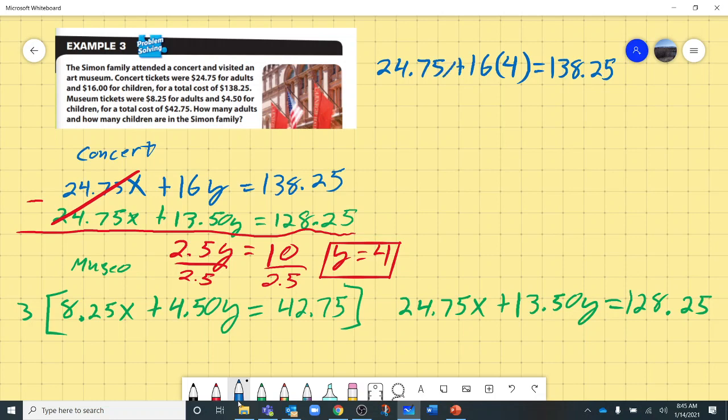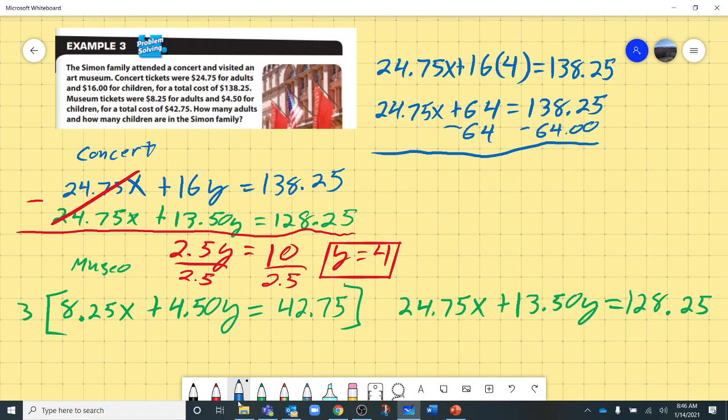We need our x. Don't let me leave out the x. Okay, so that 24.75x plus 4 times 16 is 64. That equals $138.25. Subtract 64 from both sides.